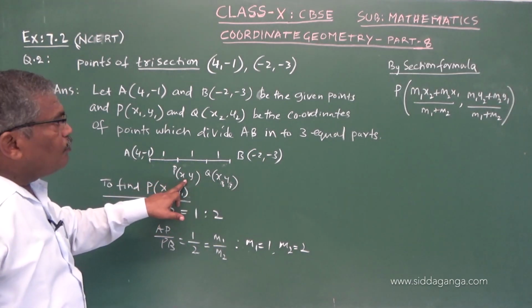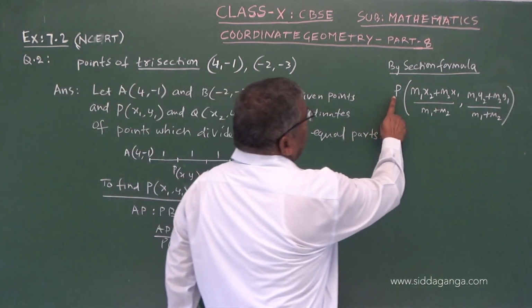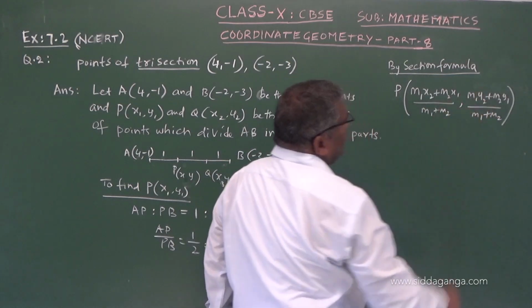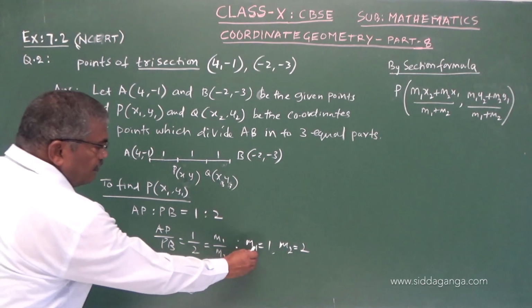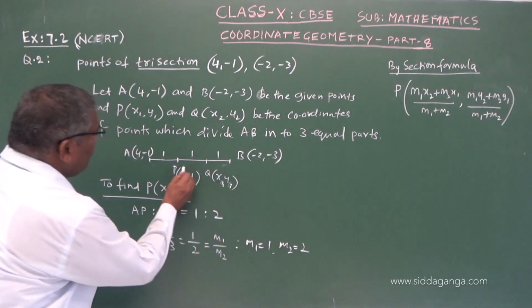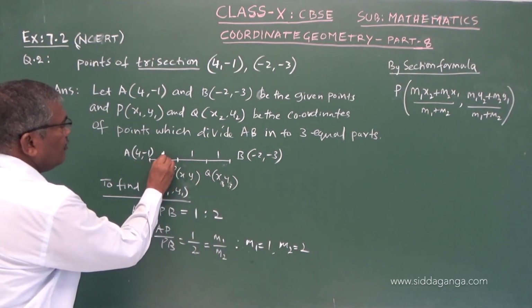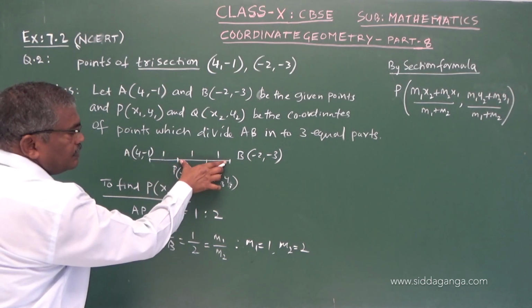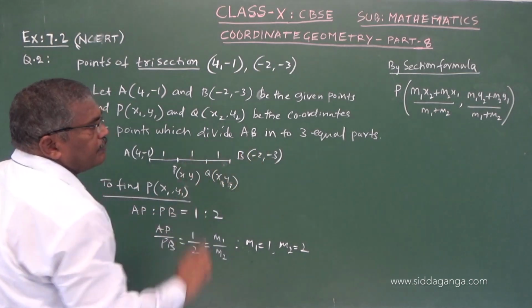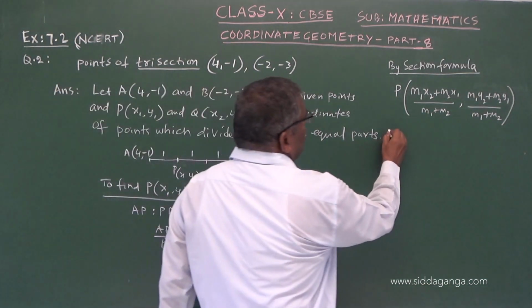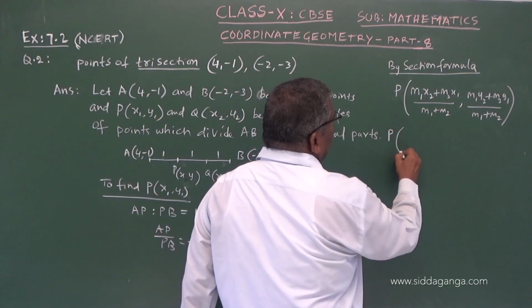So now to find P(x, y), by section formula we have this relation. Substitute the values. For P, m1 is this, m2 is this, and x1 y1, x2 y2. So now substitute the values of P here.